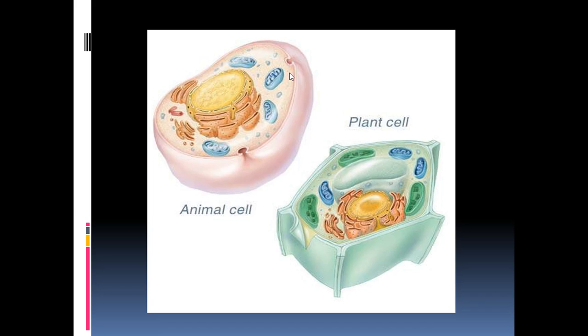Besides the differences in terms of structure that we have discussed just now, there are a lot of common features between animal and plant cells as well, right? And in this chapter, we are going to learn about those structures and those organelles in detail.